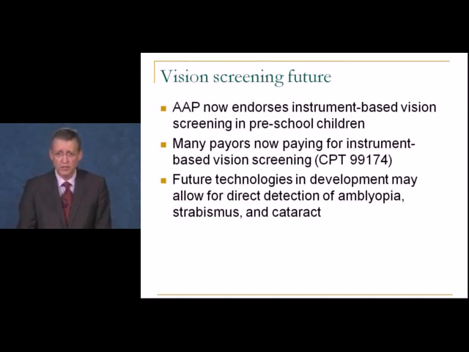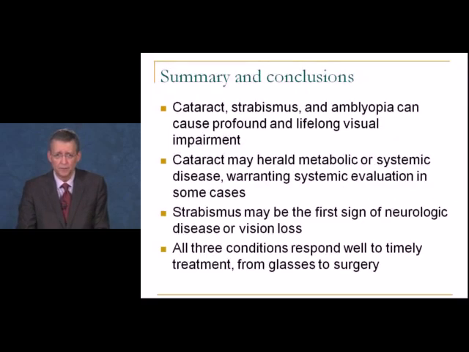There are future technologies in development that may allow for direct detection of amblyopia, strabismus, and cataract. For now, though, it's either manual exam, instrument-based autorefractors for risk factors, or send every child to an ophthalmologist or optometrist.